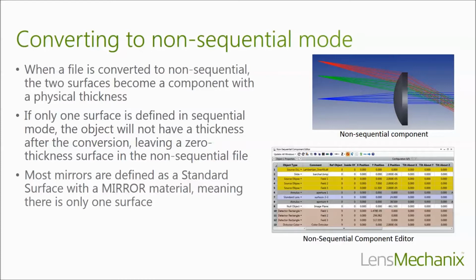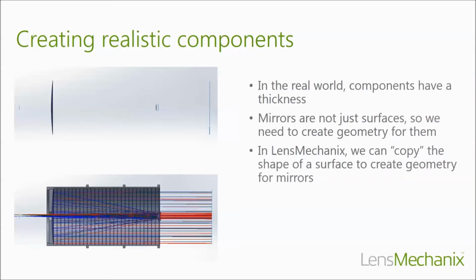And that is because components must have a thickness. In order to create realistic components, you have to make sure that these components actually have a thickness. The thickness is how they are mounted and how they can actually have those mirror properties.